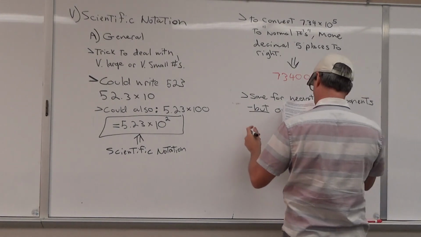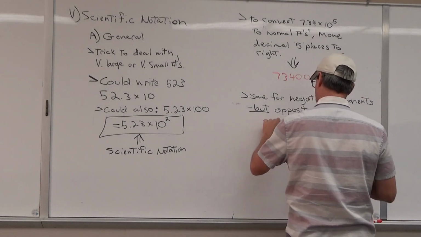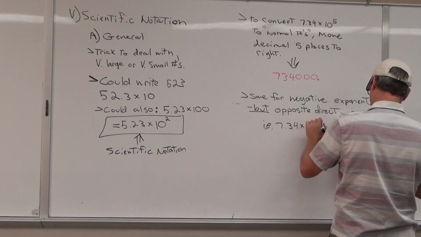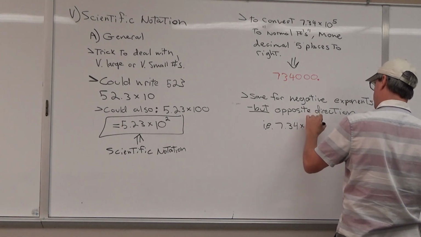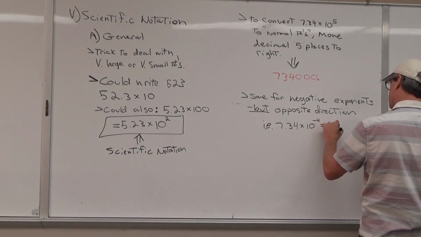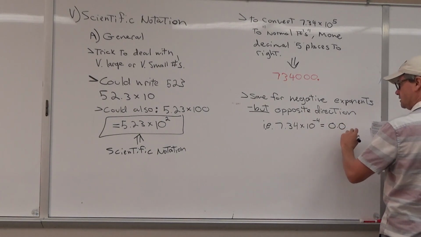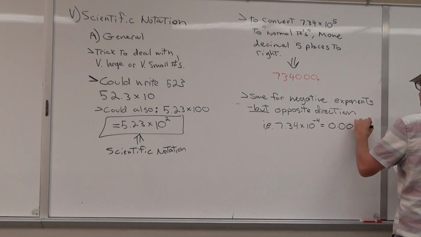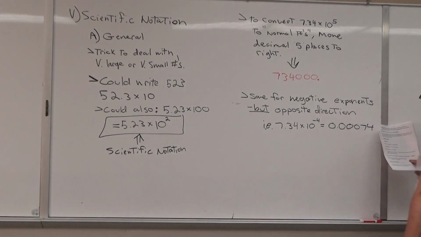So 7.34 times 10 to the negative 4 actually equals 0.000734. We move the decimal 4 places to the left.